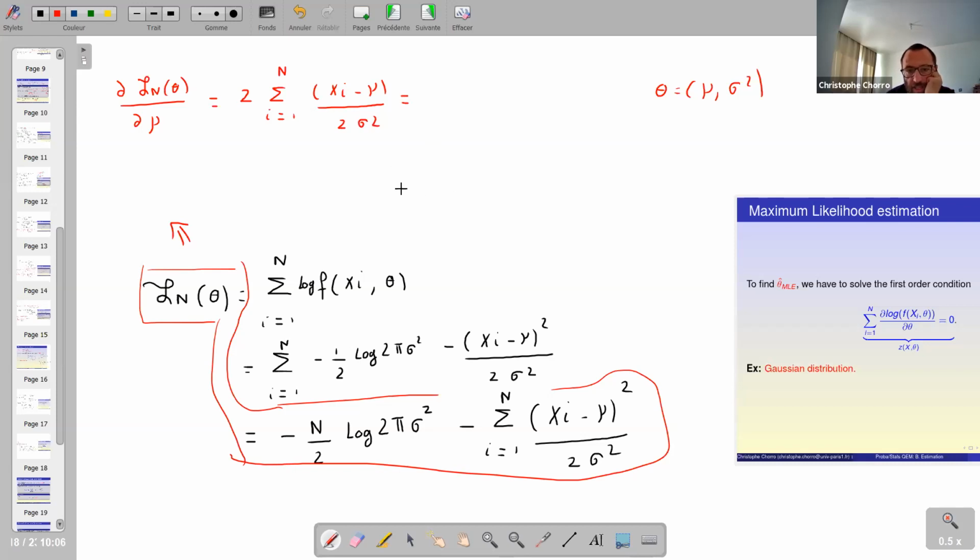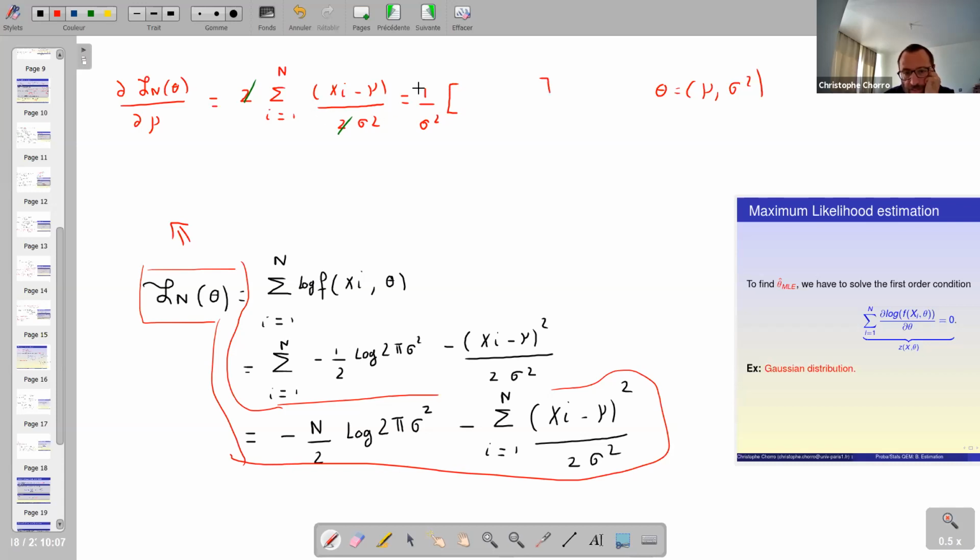That is something that I can express this way if I want to express it in a shorter way. So first I see that I can simplify the sigma square, and I have 2 terms in my sum. So it is 1 over sigma square that I can remove, times what?